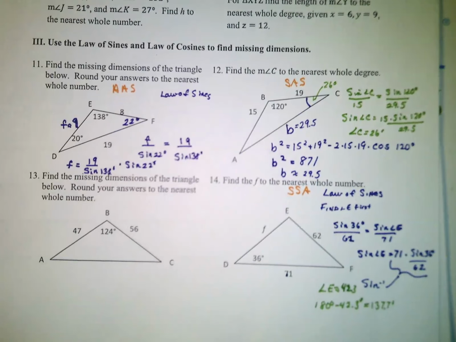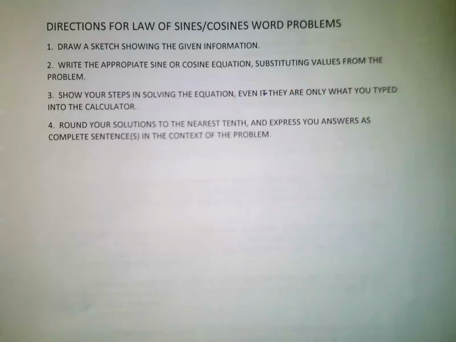If you could please find the sheets that are labeled word problems, and they had directions that went with them. Now the directions for the law of sines and cosines word problems are very specific.